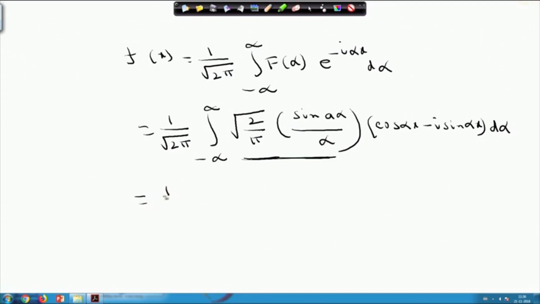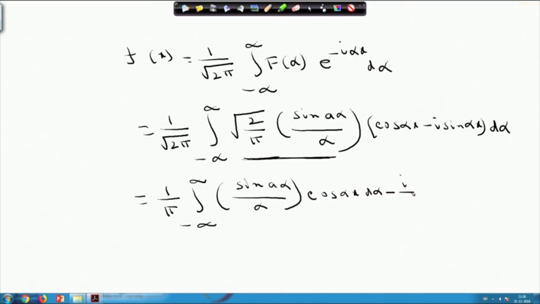So, if I simplify it, I can make two different integrals: 1 by pi, integral from minus infinity to infinity of sin a alpha by alpha into cos alpha x d alpha, minus i by pi, integral from minus infinity to infinity of sin a alpha by alpha into sin alpha x d alpha.